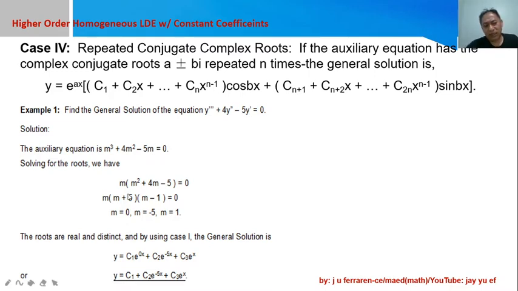Now, you need the roots of the auxiliary equation. You can apply factoring if the roots are visible from the factored form. There's a common factor. We can reduce the degree to m squared plus 4m minus 5.